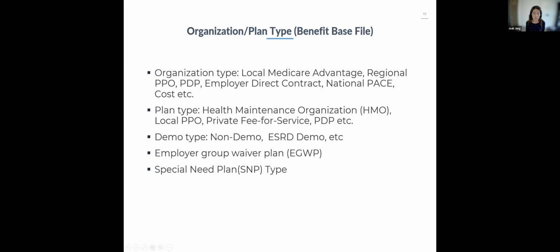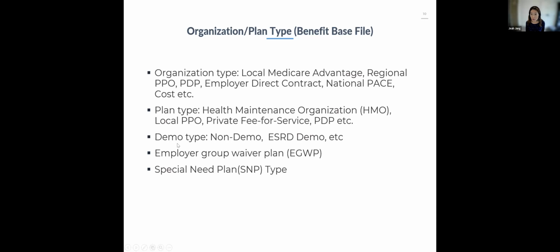For plan type, now I know whether the organization is a local MA or regional PPO, but these local MA plans could be HMOs or PPOs. Can I know? Yes, that's in the plan type variable. With plan type, you can get more detailed information about whether it's an HMO, local PPO, or private fee-for-service plan. Private fee-for-service is also one of the MAPD plans, not traditional fee-for-service coverage.